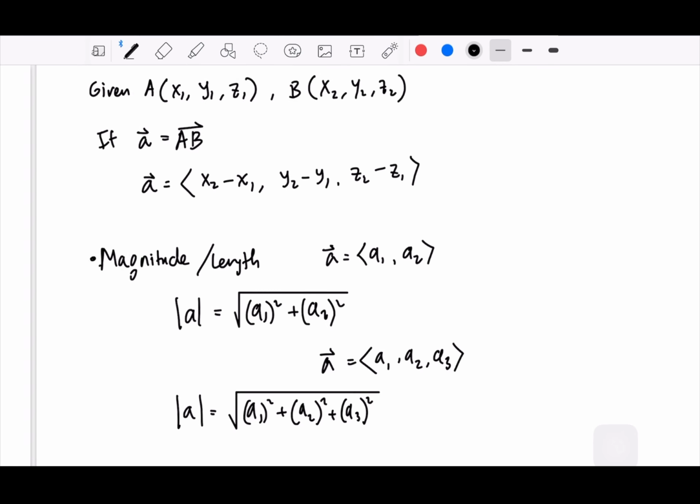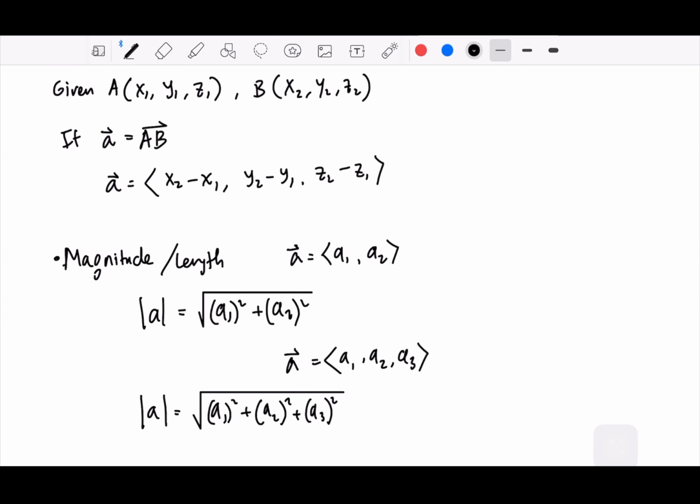Okay, I think I'll just stop here. After this section, we have some short feedback time as usual. You check your chapter 11.